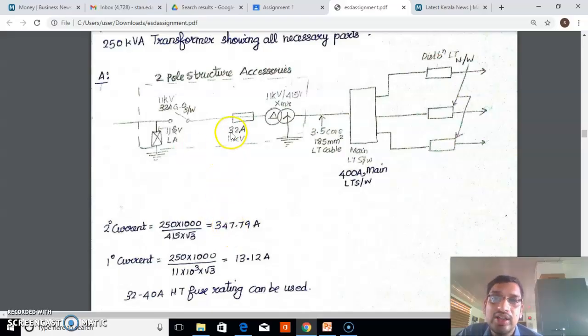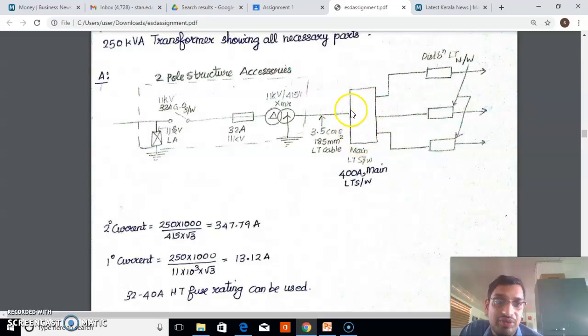So you define the fuse as 32 ampere, 11 kV, and the gang operating switch as 11 kV, 32 ampere. You should also define the secondary fuse rating.